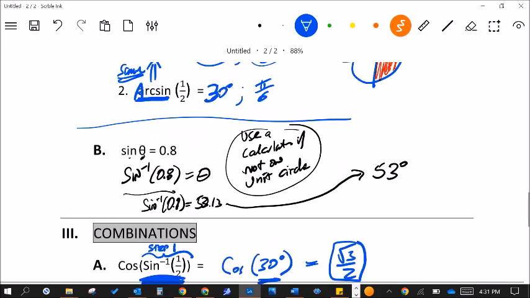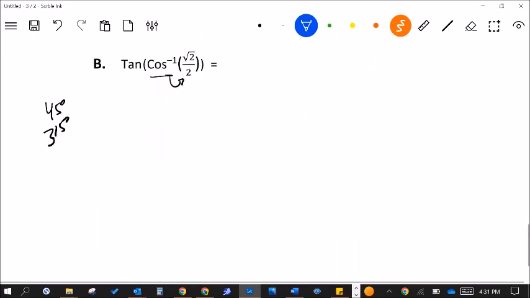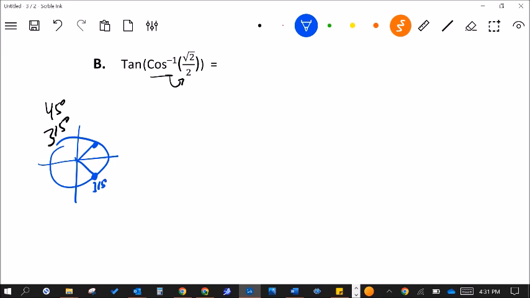But for tangent, in fact, I'll make my circle again. 45 is here, and 315 is here. For cosine⁻¹, 315 doesn't work because the inverse cosine gives the angle you have to use here.